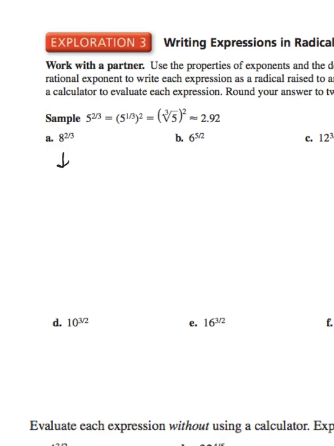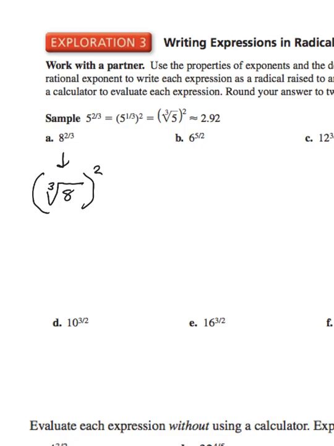So what is the 3 on the bottom going to do to the 8? I'll tell you what, let me just do it and see if you agree with me. I'm going to rewrite this as the cube root of 8 squared.